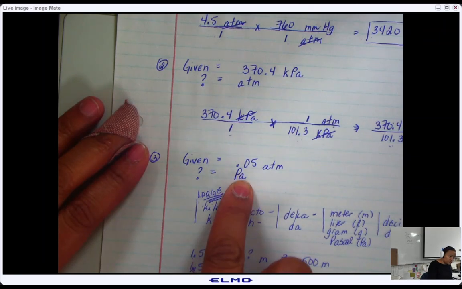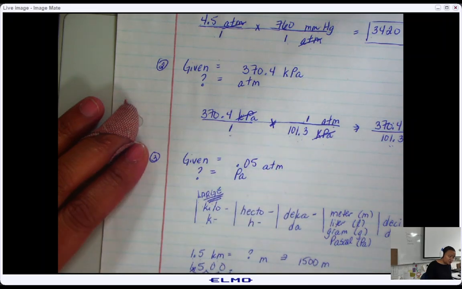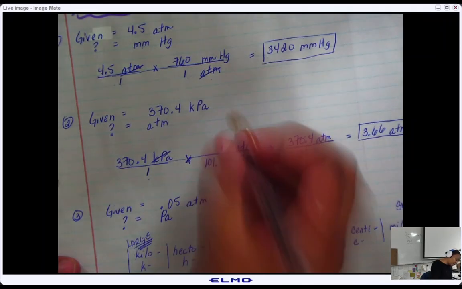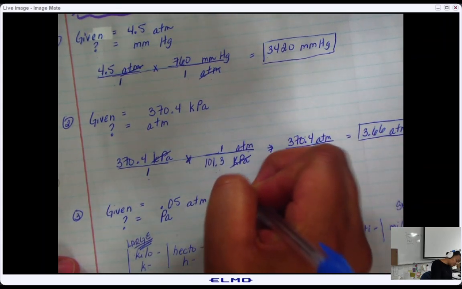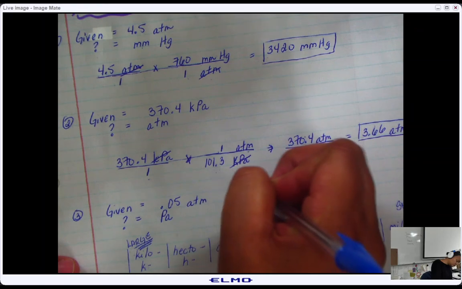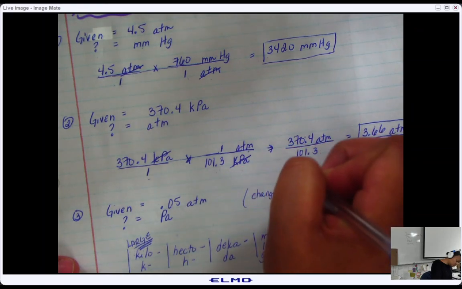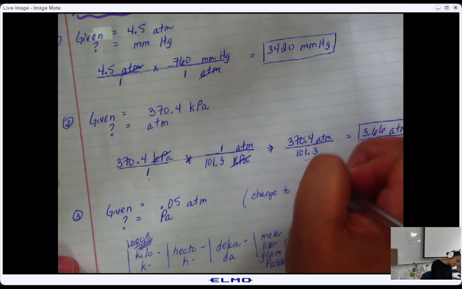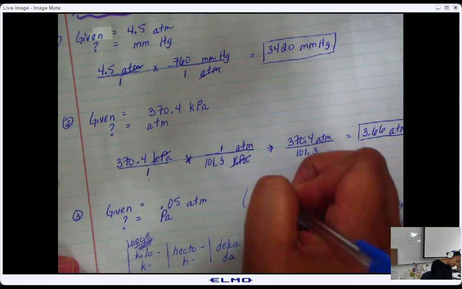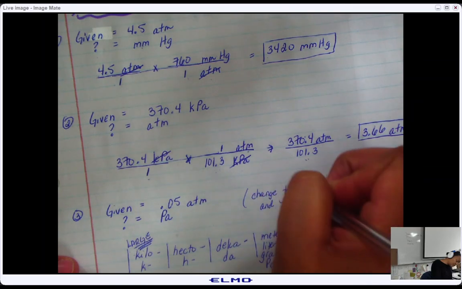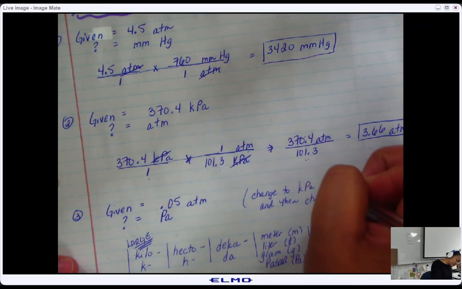So remember what we're going to do is change 0.05 atmospheres to kilopascals first. Okay, I'll put that up here. So change to kPa first. And then change kPa to Pa just by moving the decimal.